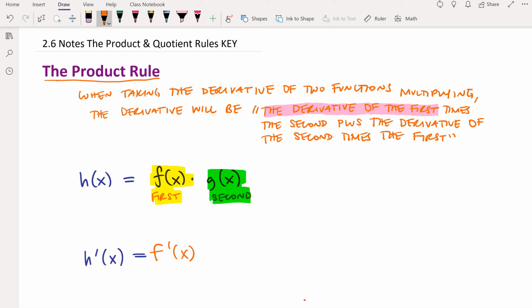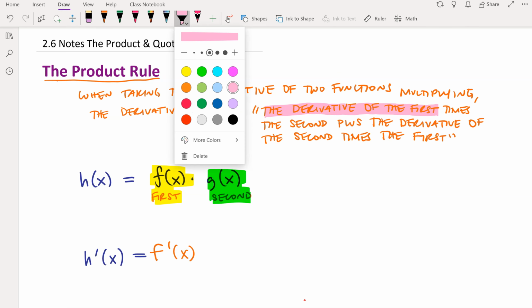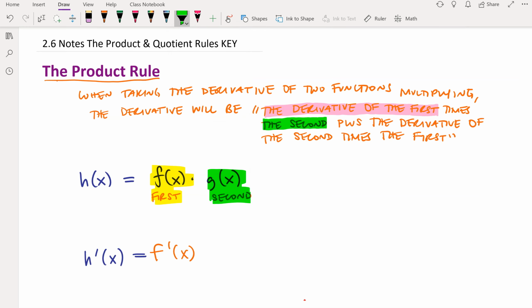And then we do times the second. Derivative of the first times the second. So all I'm going to do here is just copy the second. What is the second? G of x.